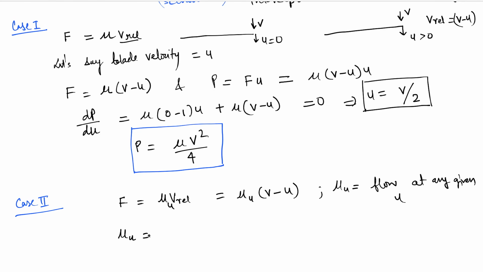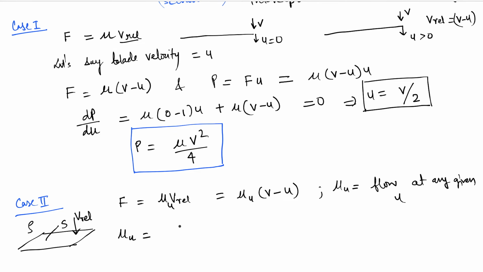And what is mu u, if you see? So mu u is how much water is hitting the, let's say, this surface area of the blade of the paddle. So if let's say surface area is S, then the water that is hitting it is given by the relative velocity of the water, relative to the speed of the blade, and then let's say the density of water is rho.